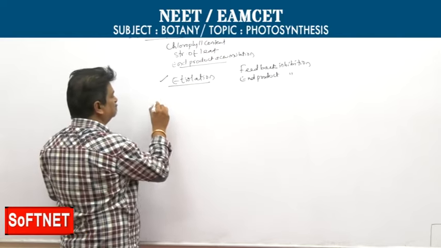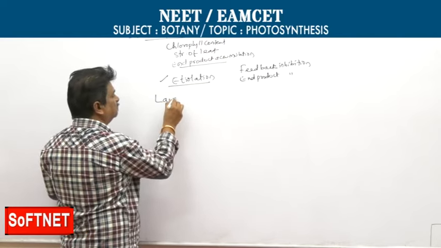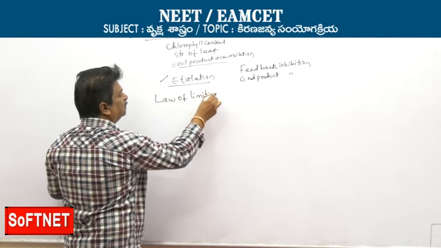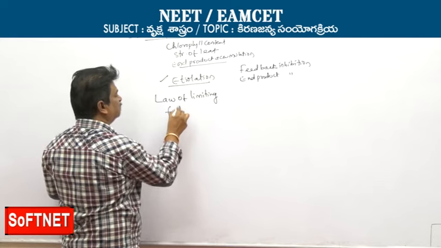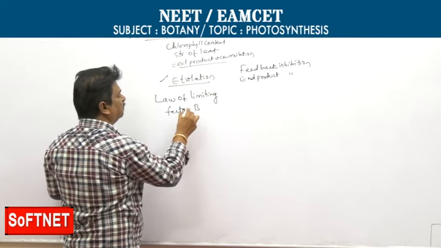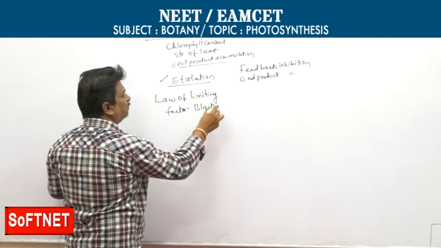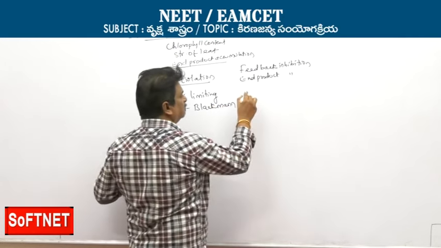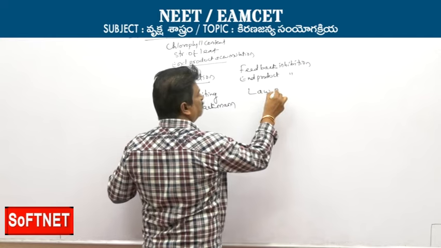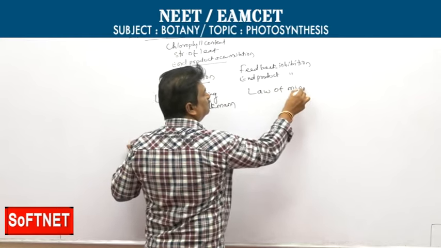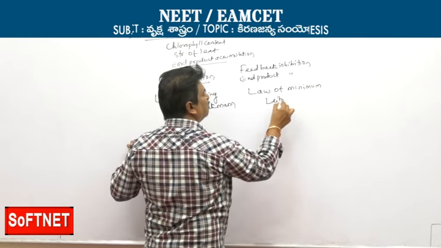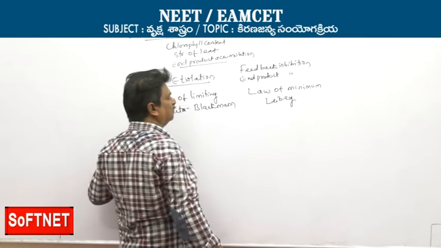Now, the last one, law of limiting factor. The law of limiting factor was proposed by Blackman. Previously it was called law of minimum, proposed by Liebig.